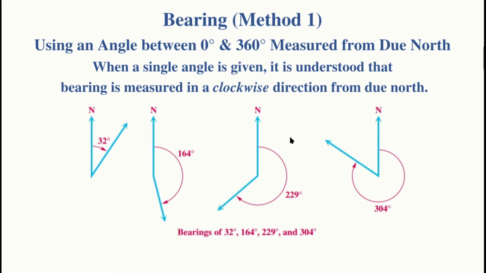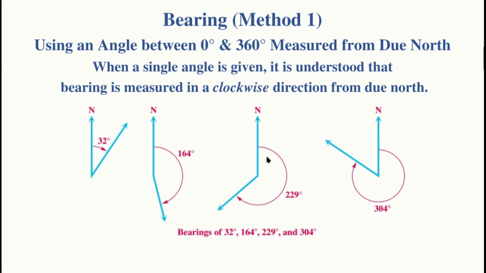Each of the two methods has its own benefits. The benefit of this method is simplicity. All you need to mention is a single number, which is a degree measure, and that's nice. For the other method, the nice thing is that you're only dealing with an acute angle, which is much simpler to visualize, right?